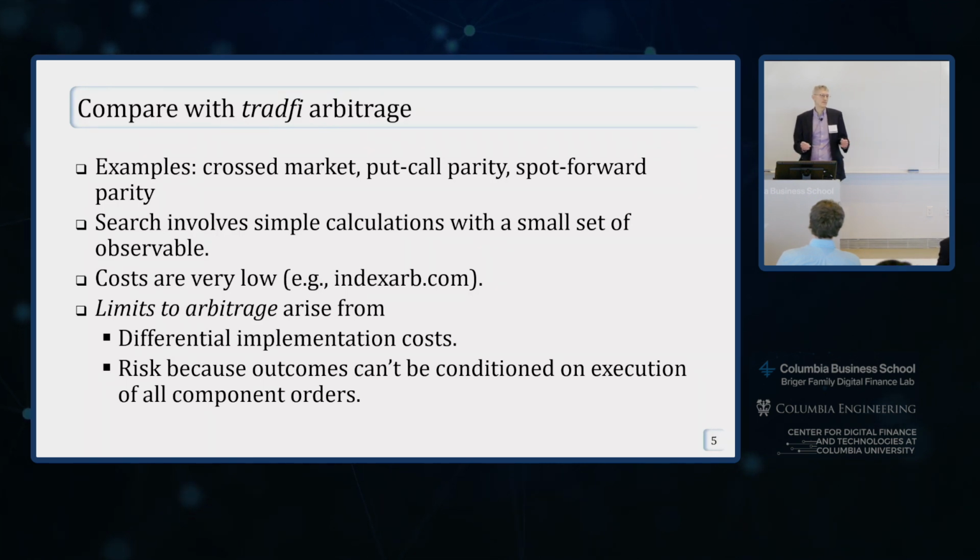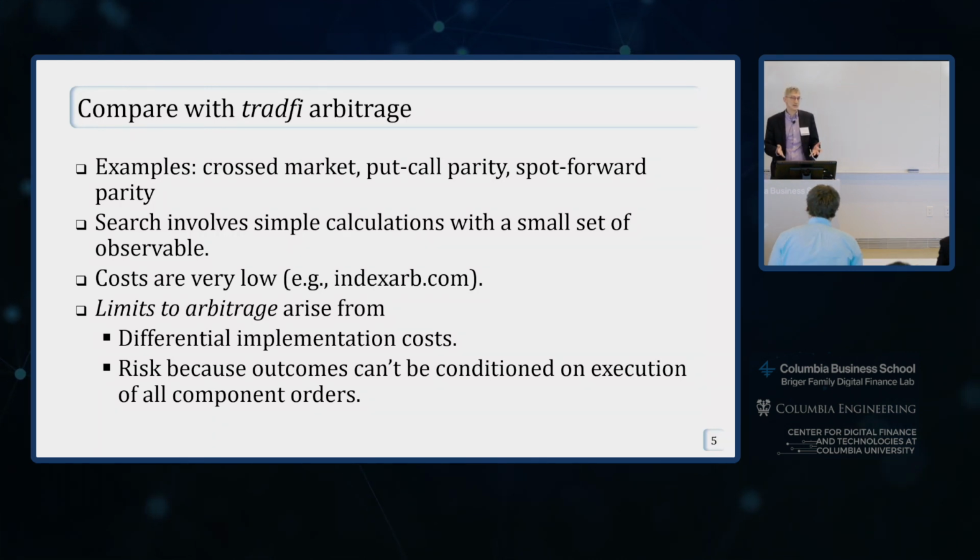All right, so if we're doing a cross-market arbitrage, we might get one side or one leg of our arbitrage executed and the other not. So there's risk there. And on that score, I think the ability to condition is a very nice feature of DeFi.